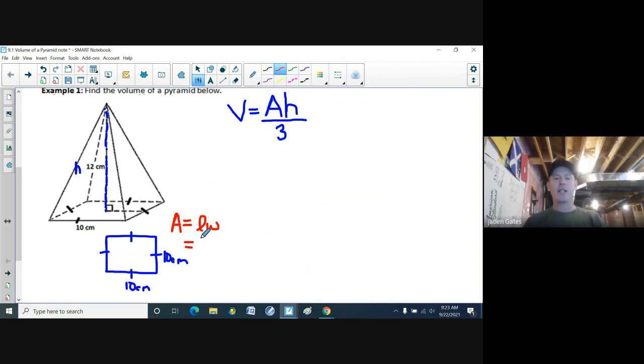And so if I take my length times my width, which is 10 times 10, well, 10 times 10 is 100. All right, so now I can go back up again. We had to do a little extra work here. So I look at the volume of my pyramid. I found the area of that base because it was a square. It's 100.